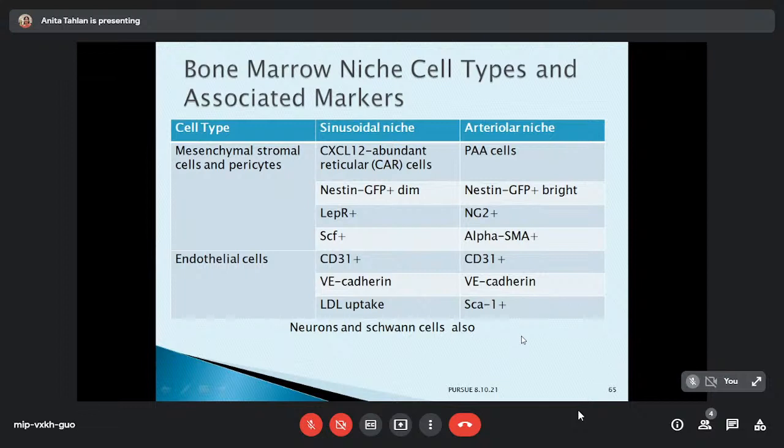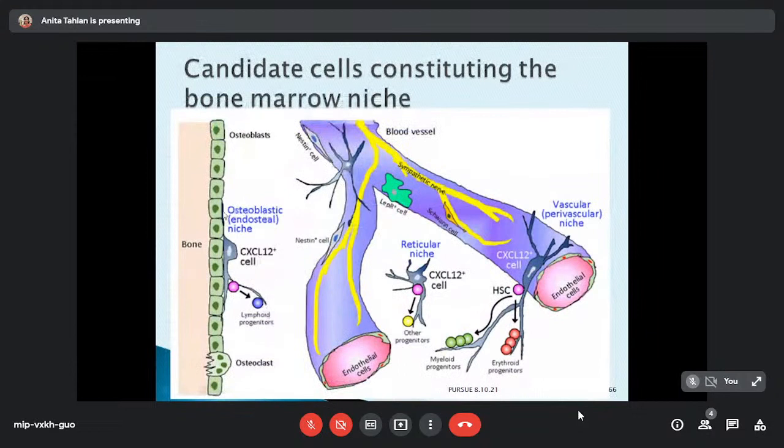So it just goes to say that all these niches that we talk about are a little bit different from each other. So the osteoblastic niches, the reticular niches, and the perivascular niches.